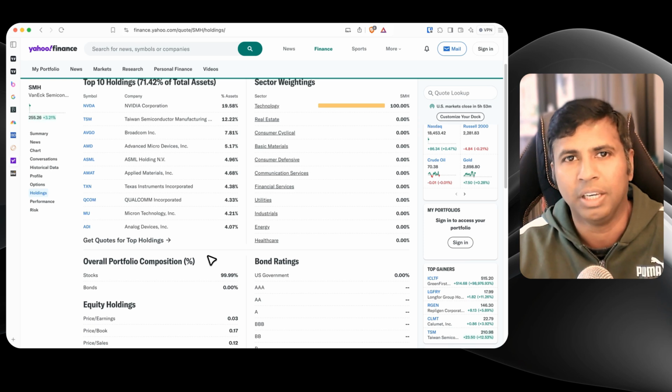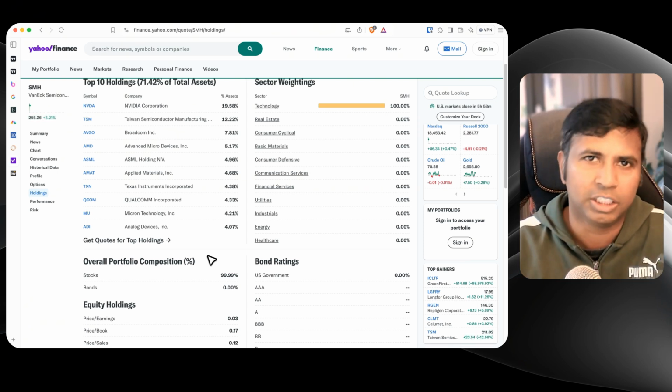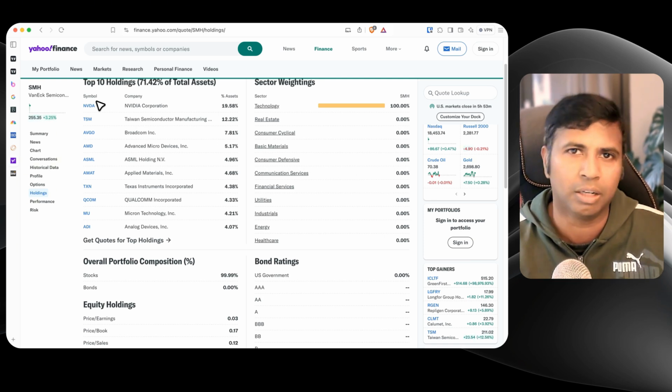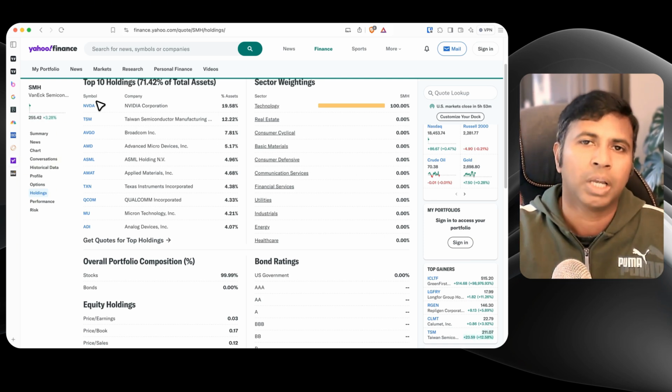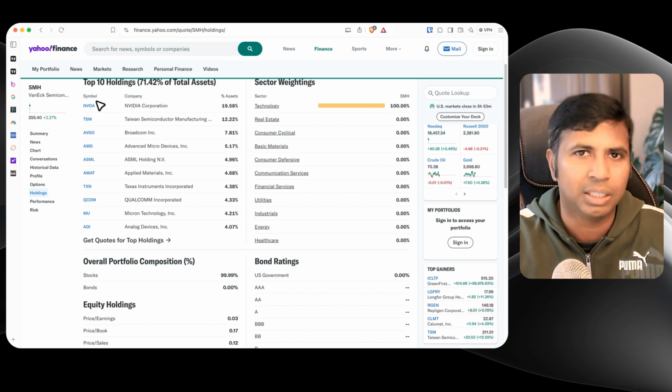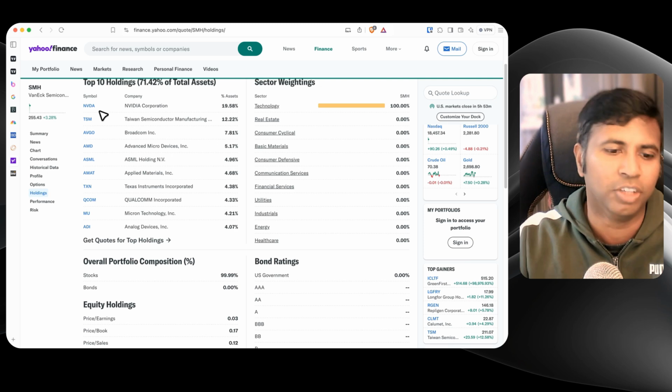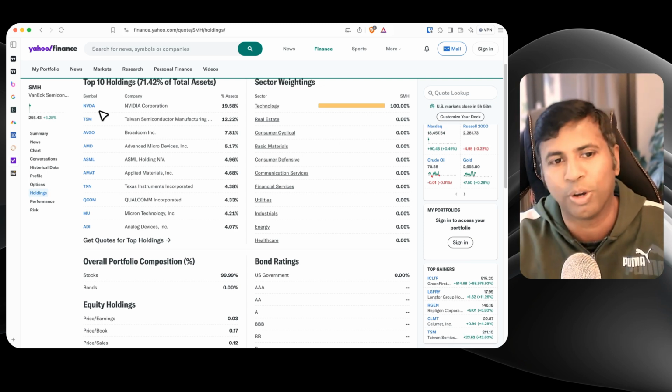And then they might think, okay, I will try to catch the next Nvidia, while Nvidia itself is presenting some good opportunities to buy, like its price is breaking out and showing that it's moving in the right direction. Instead of buying Nvidia, they will try to buy the next Nvidia, or the next TSM, or the next Broadcom.